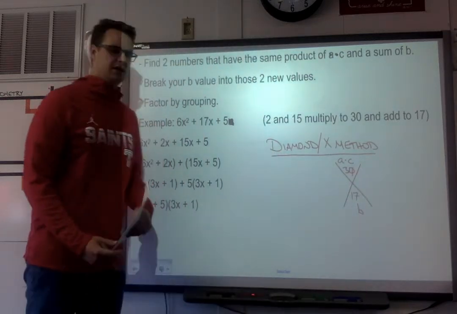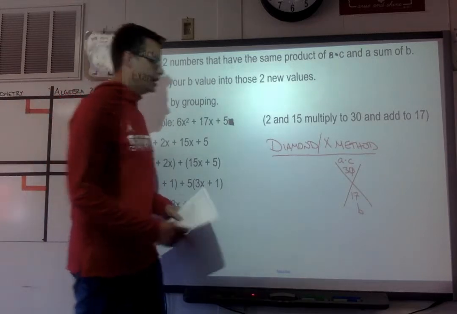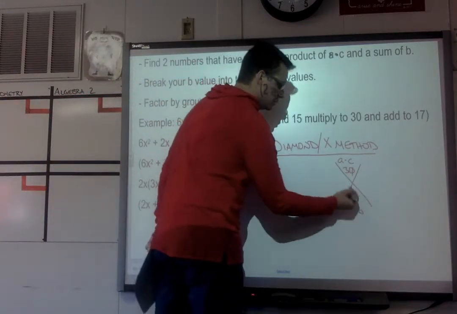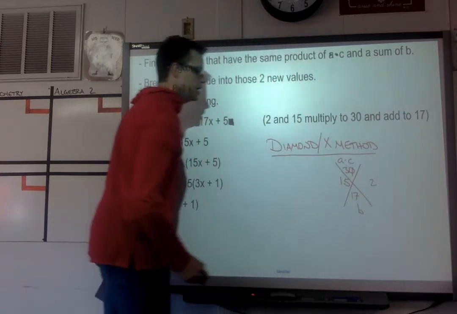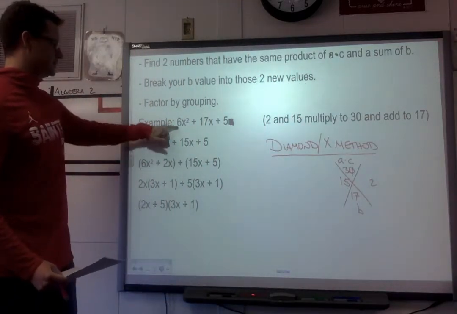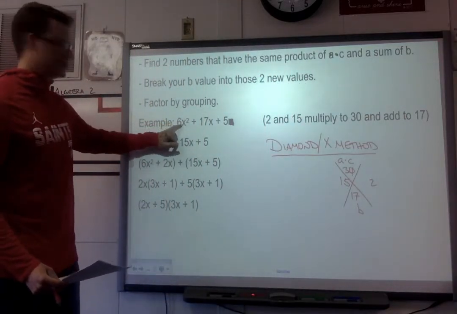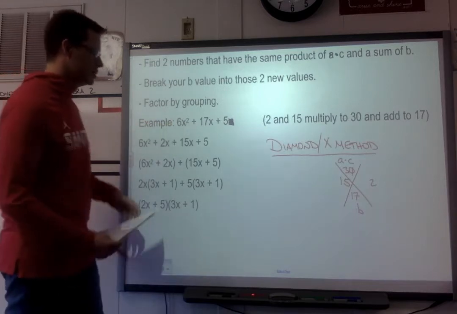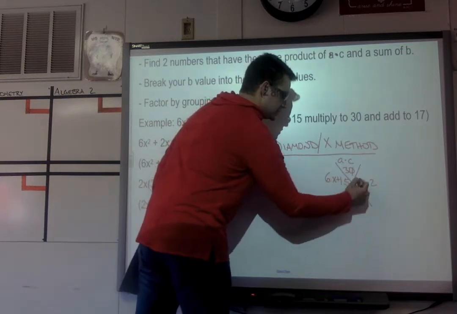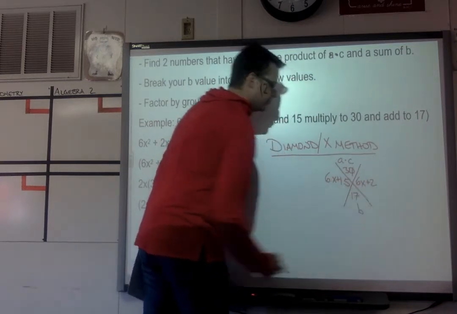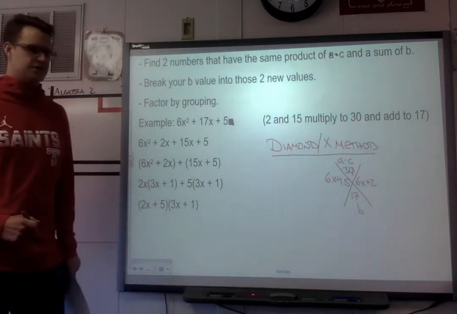B is 17. Now we put our two numbers, which we know are 15 and 2. Then we take the first term, 6x squared, get rid of the squared, and put a 6x in front of each of those two numbers.